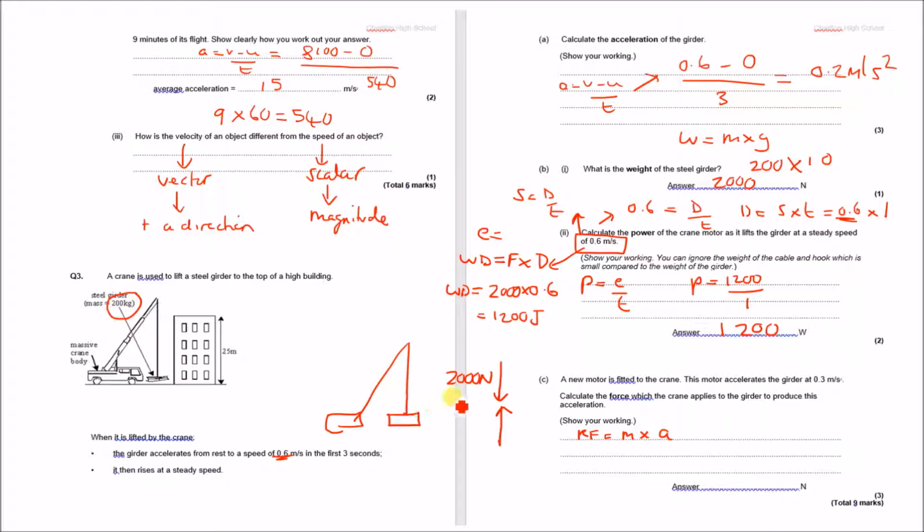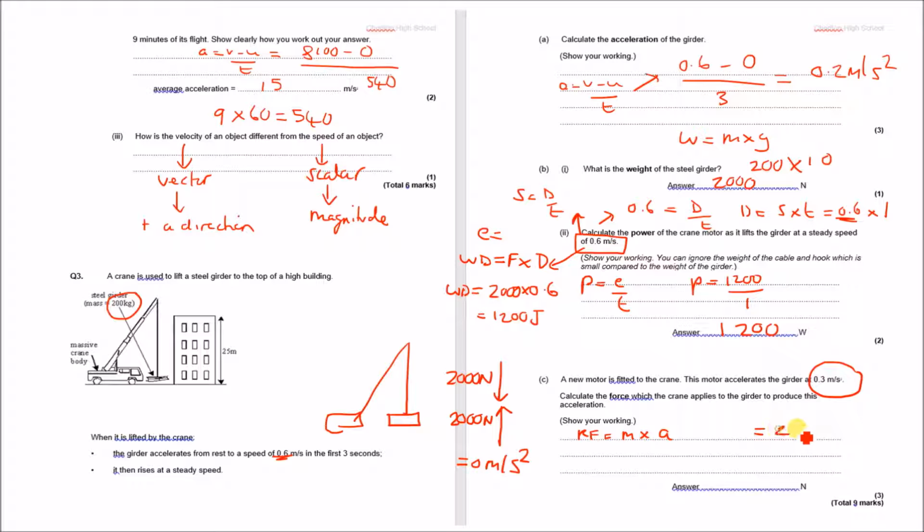This is my crane, by the way. In order for this to travel at a constant speed, the upward force would have to be 2,000 newtons. So just for it to travel at a constant speed, at 0 meters per second squared acceleration, then we would need an upward force of 2,000 newtons. But we know it's accelerating. So for a constant speed, you need 2,000 newtons.